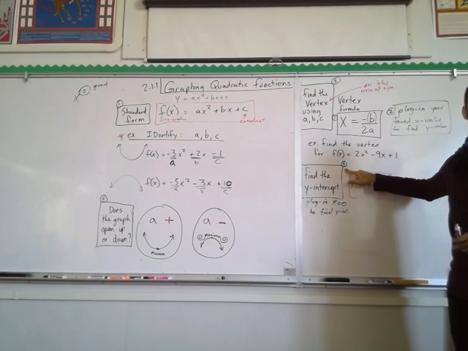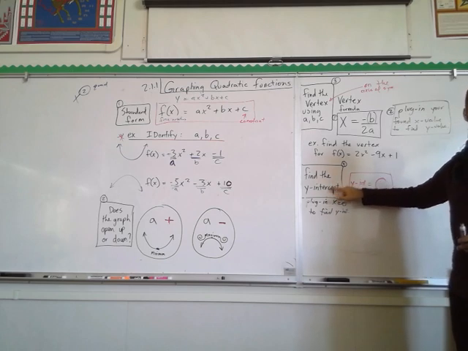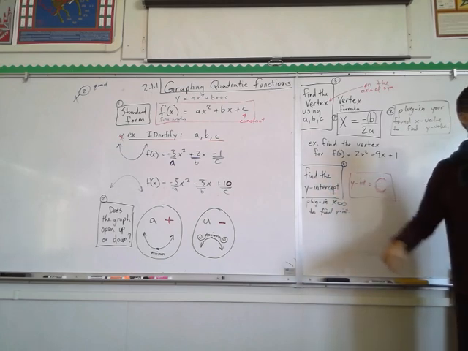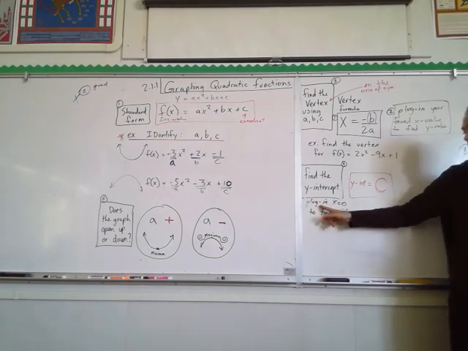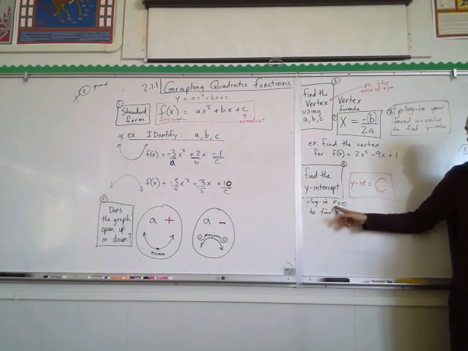Step 4, if we need to find the y-intercept, the more complete way to look at it is we need to plug in 0 for x to find what the y-intercept is.